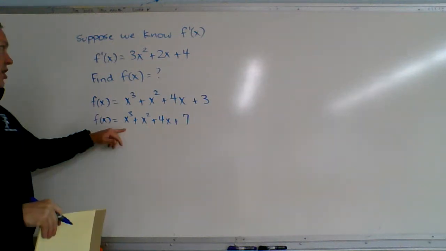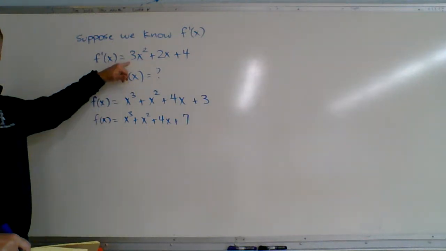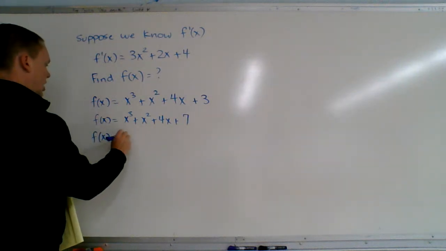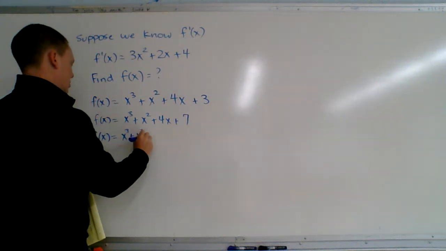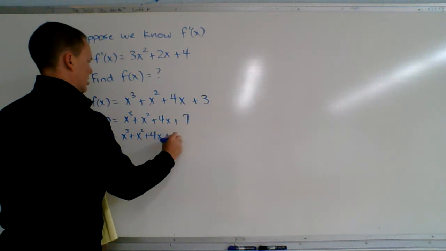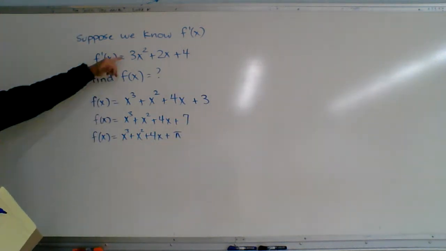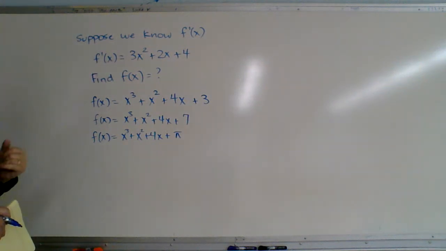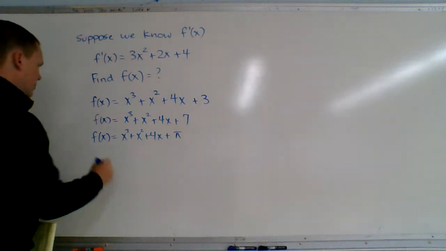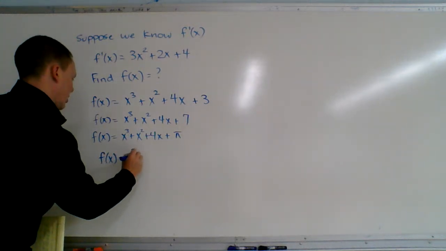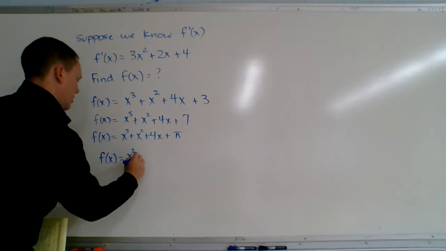Would the derivative still be that? Yeah. What if f of x equals x cubed plus x squared plus 4x plus pi? Would the derivative of this still equal that? And the answer is yes, it would. So it turns out that there's a whole family of functions whose derivative is equal to what we said.